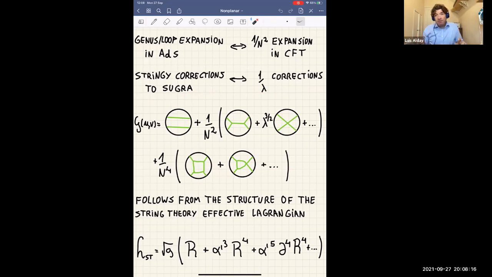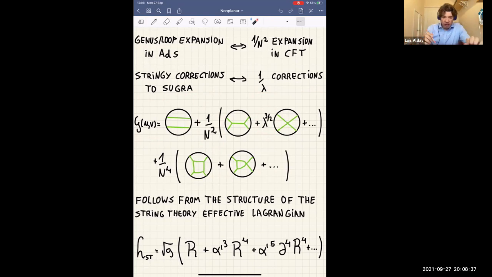So the game, in the usual case of N=4 super Yang-Mills, is then to try to compute these 4-point correlators in a double expansion of 1/N and powers of lambda, as I have shown in this picture.